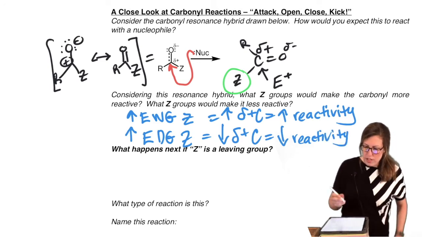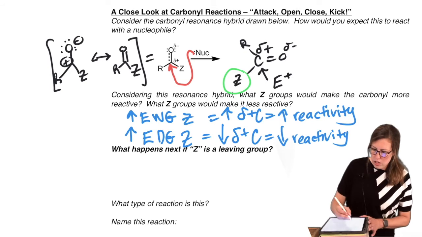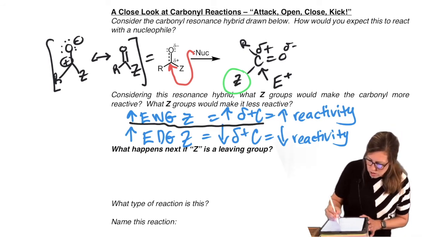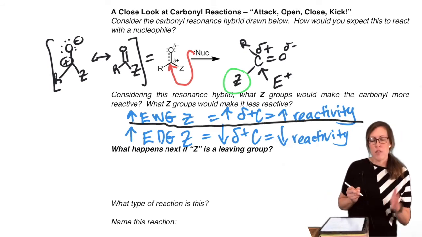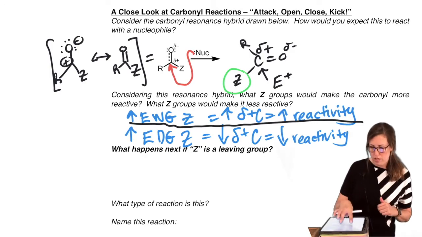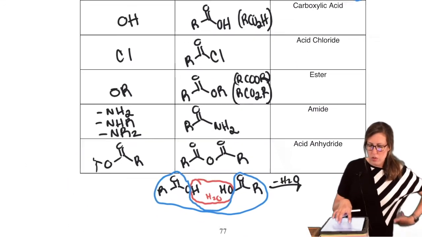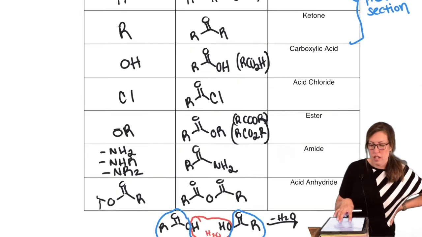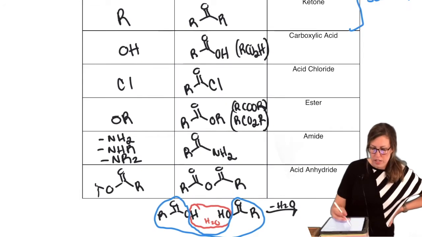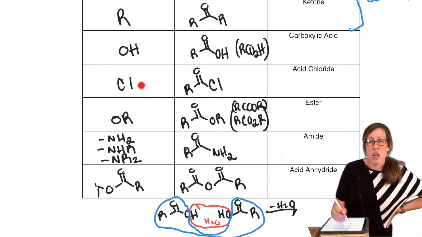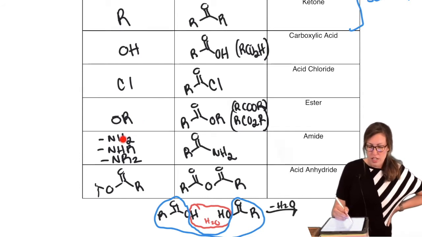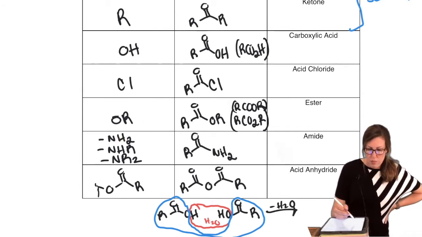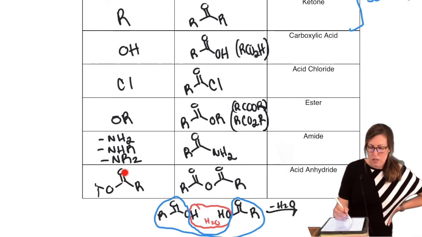So who can do this? Of those on the list on the previous page, we're going to include all of them. H, remember, contributes nothing. R is weakly electron donating. O is electron donating, strong. Cl is electron withdrawing. OR, electron donating, and then I would say more or less weakly electron donating, right?